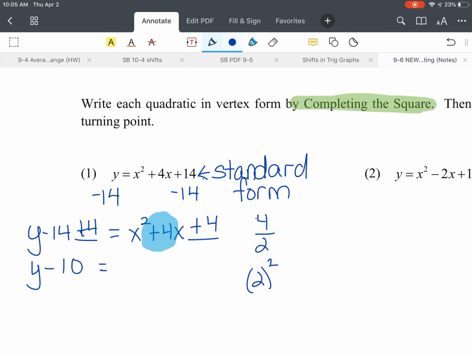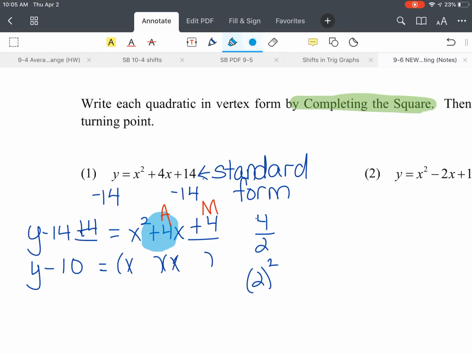And on the right, I need to factor x squared plus 4x plus 4. So I'm looking for two numbers that add to 4 and multiply to 4. It's always going to be the same number 2 times.